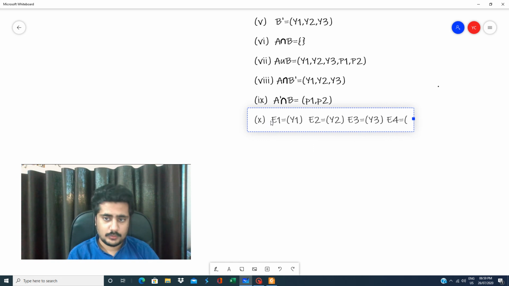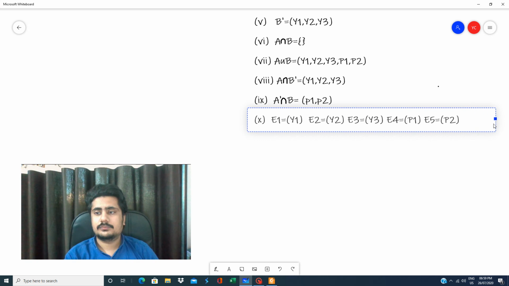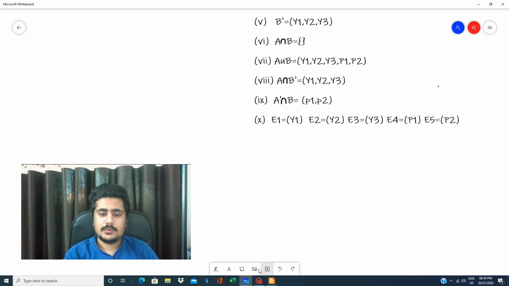This is the fourth event. And this is the fifth event. These are the 5 elementary events.